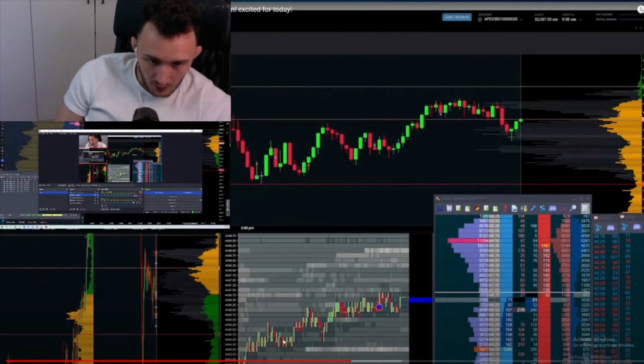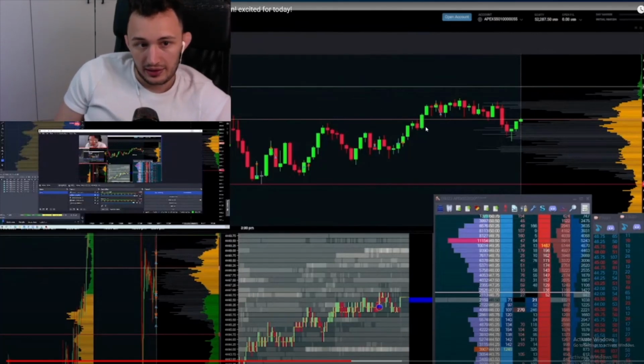So first and foremost, for context, we always want to look at context here as well. We broke here, and then we had this range established between 50 and 47, I guess.